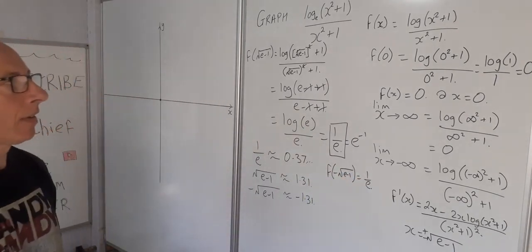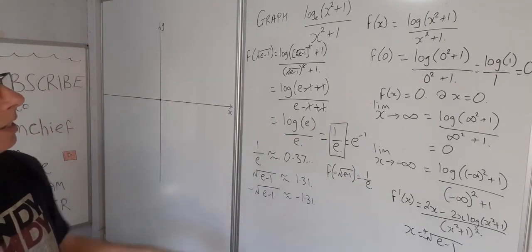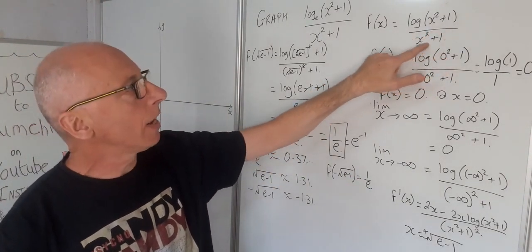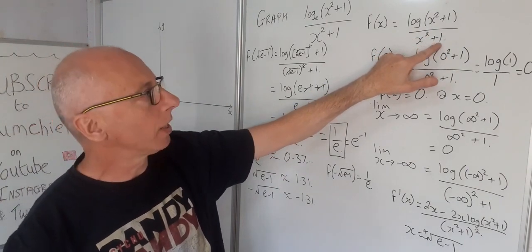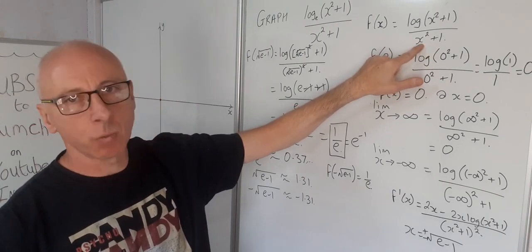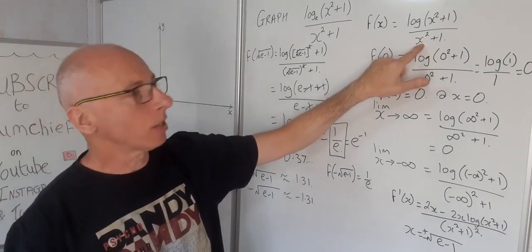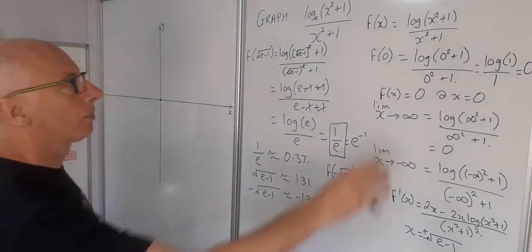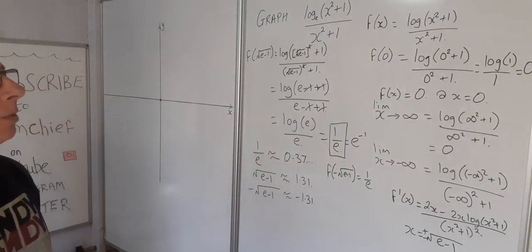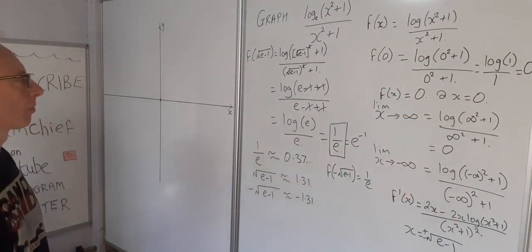And we know that this graph is going to be continuous everywhere because the log will never become undefined, and the denominator will never be 0 because we've got a plus 1 in the bottom. And in real numbers, x squared can never be minus 1 unless it's a complex number. So we know that this graph is continuous everywhere. Therefore we can go straight ahead now and start plugging in some values.